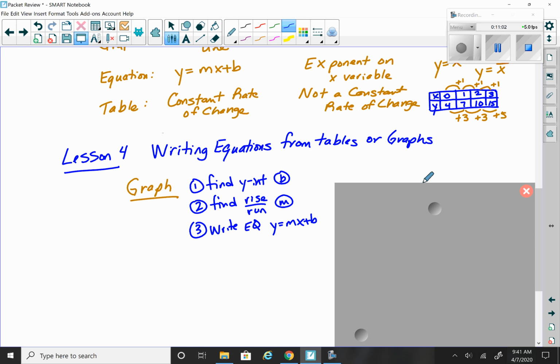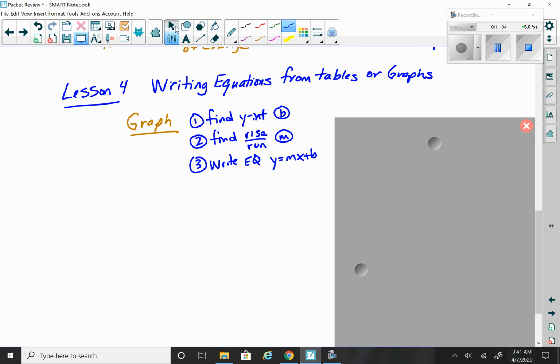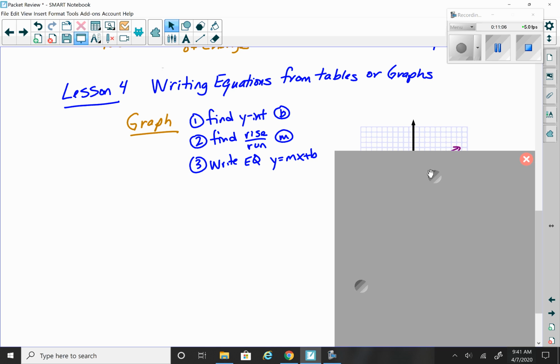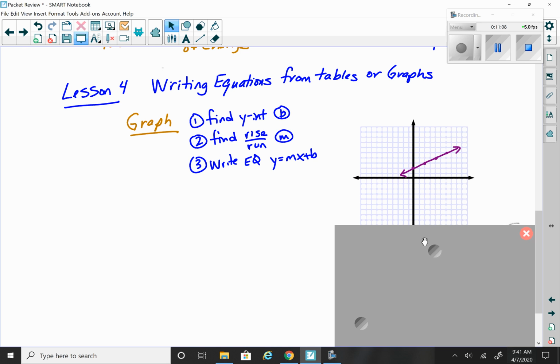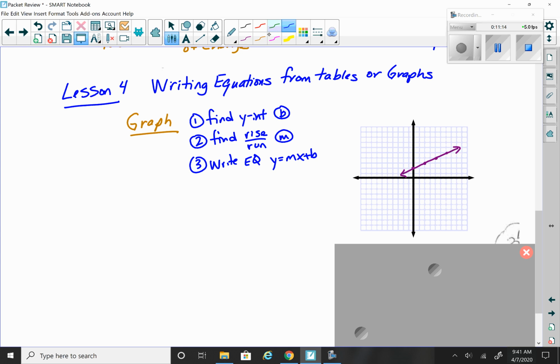Again, that goes right back to our last unit, where we looked at a graph and tried to write the equation. So I'm just going to show you a quick little example here of a graph, and we're going to try to write the equation. I can see in that picture that it's crossing the y-axis right there at 2. So my b-value, or y-intercept, is 2. And then I can draw my little slope triangle, right?